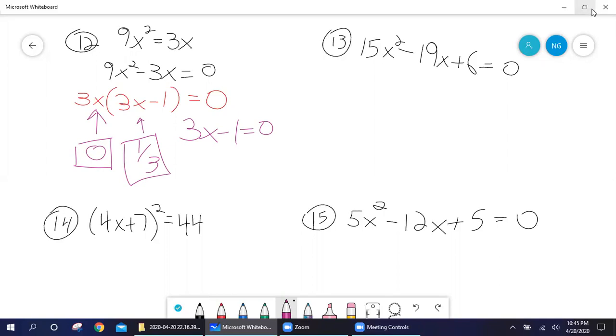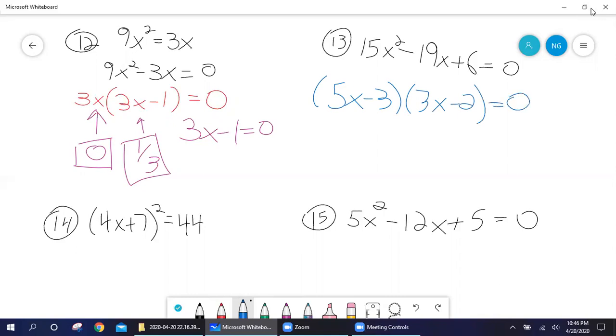Number 13 can factor. And now it depends on how you learned factoring. Maybe you did factor by grouping, maybe you guessed and checked, maybe you used X box factoring. Whatever method you used, you've been using it for quite a while now. This one factors into 5x minus 3, 3x minus 2.